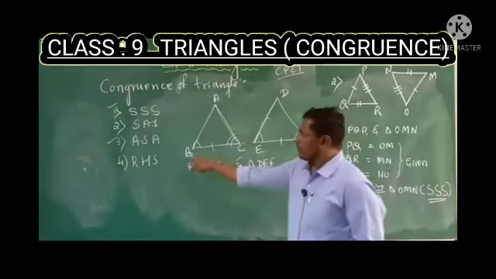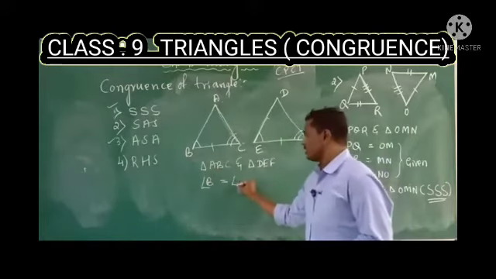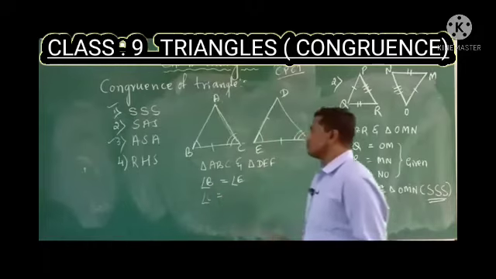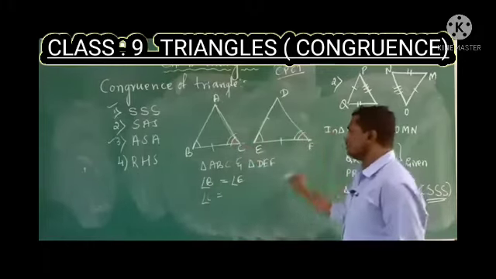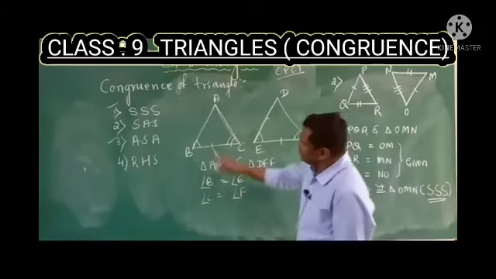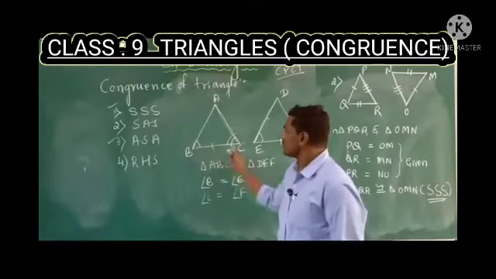In that, the first angle, angle B is equal to angle E. Angle C is equal to angle F. These two angles have a common side, that is BC.